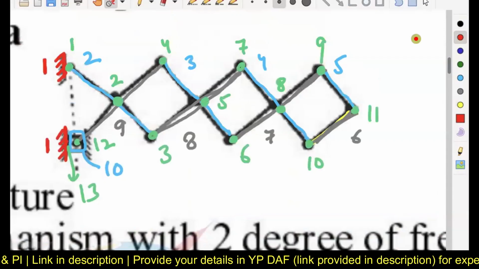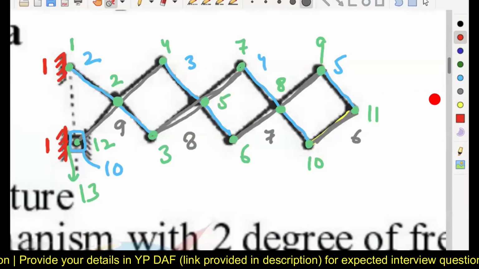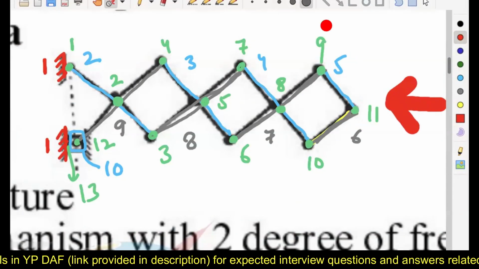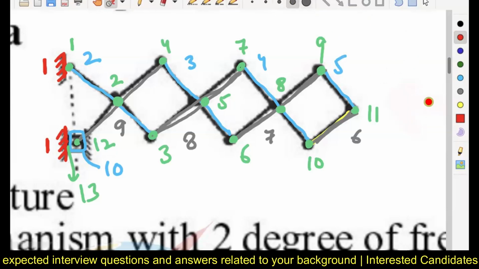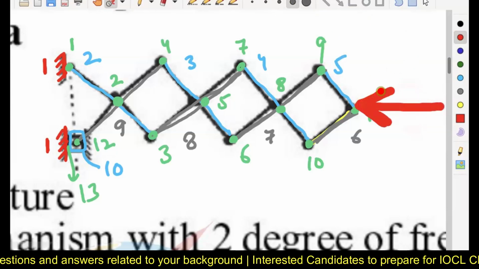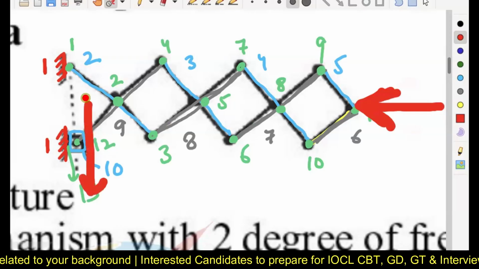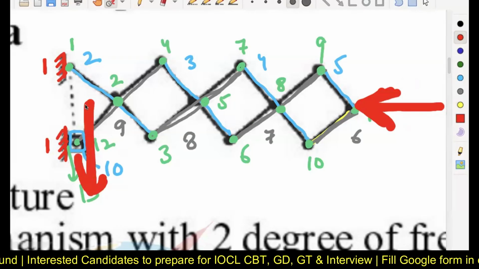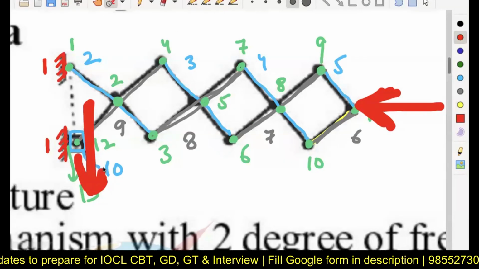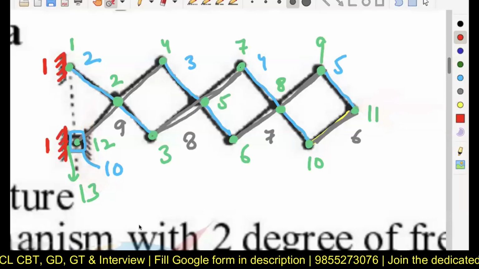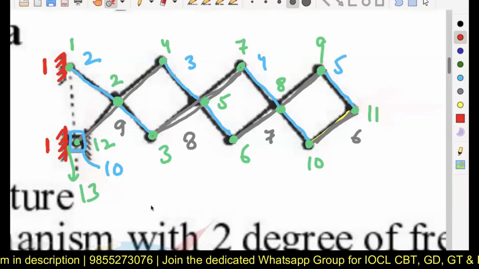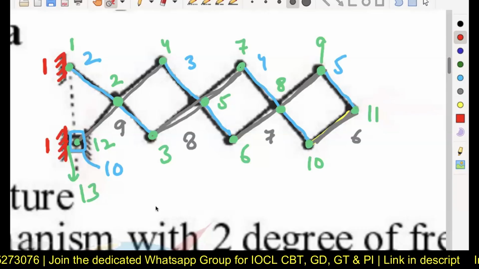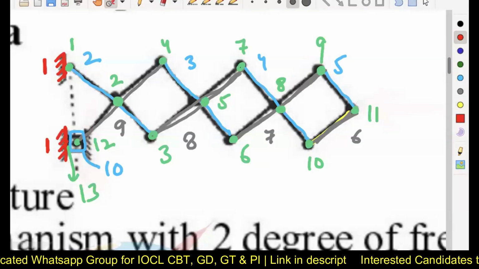If you apply the force at this particular position, the entire mechanism is going to move in the downward direction. So the degree of freedom is 1 here. Just by providing one input, you are controlling each and every link of the mechanism. Now.